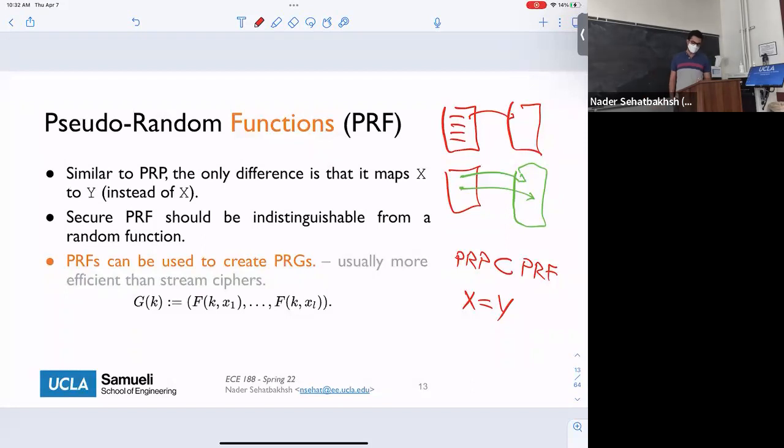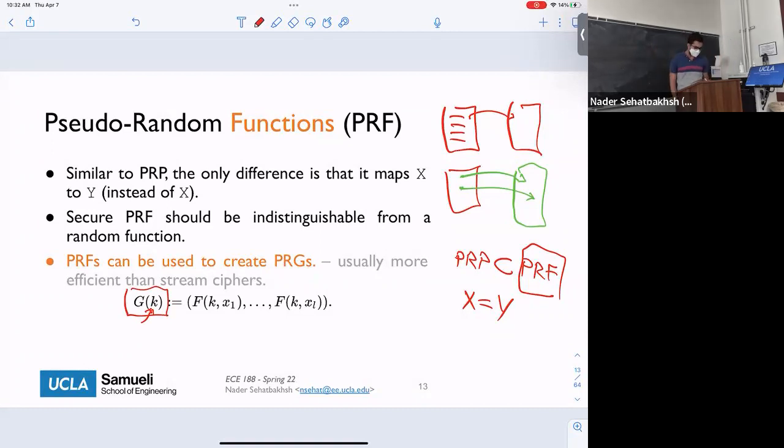One of the key use cases for pseudo-random functions is creating a PRG out of them. How? Remember the PRG was an algorithm that takes K, a seed, and expands it.